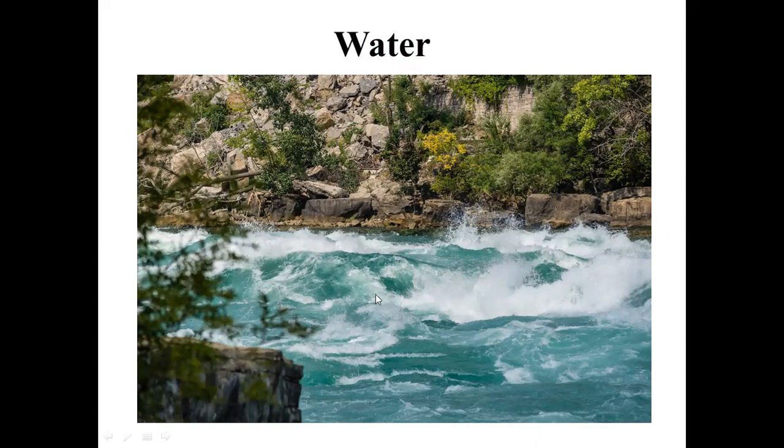And as we can see here, there is plenty of water flowing in the form of a stream, and this is a part of our nature. We will see how this plenty of water is distributed. Before that, we can see that this picture is an enthralling view.